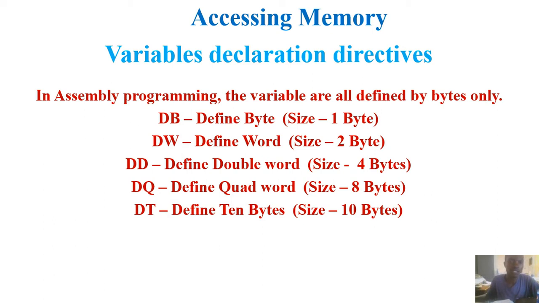The text that is following here is telling you that DB is used to define a byte, DW is used to define a word, DD to define double word, DQ to define quad word, DT to define 10 bytes.